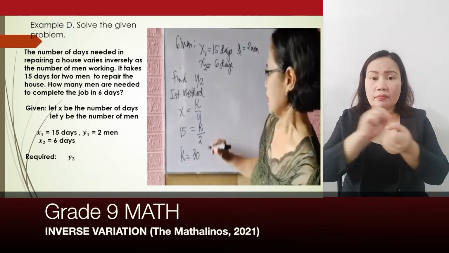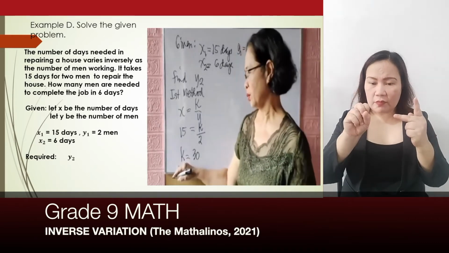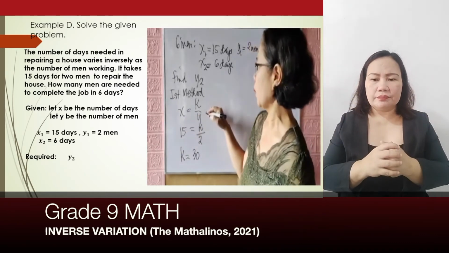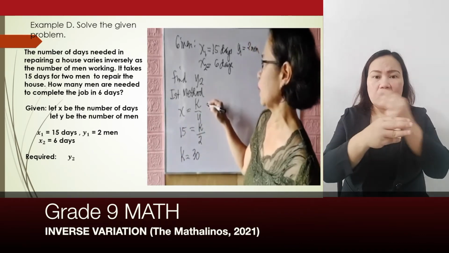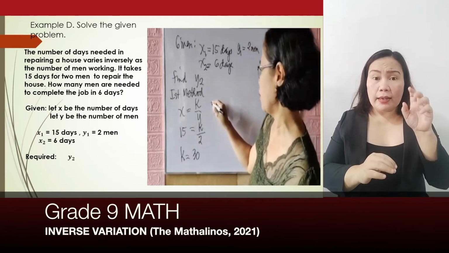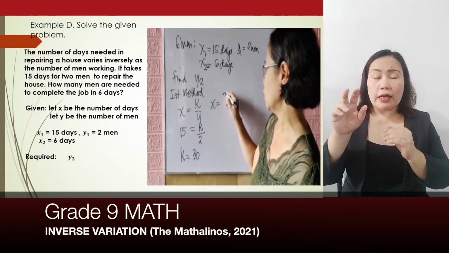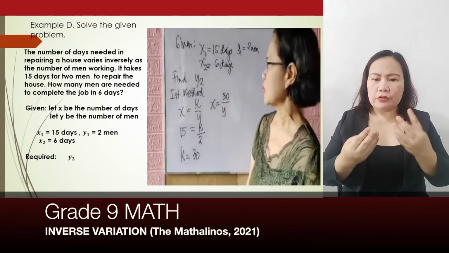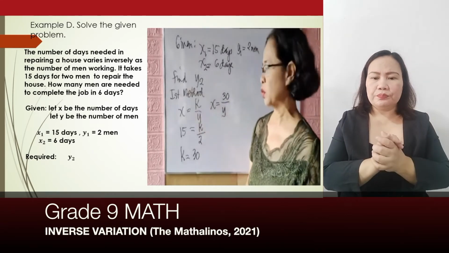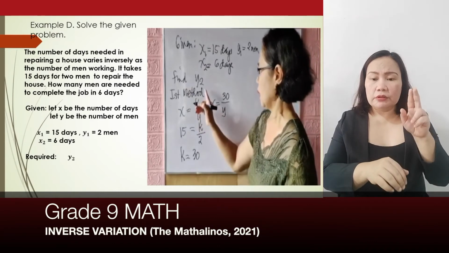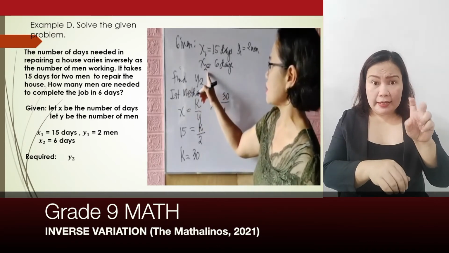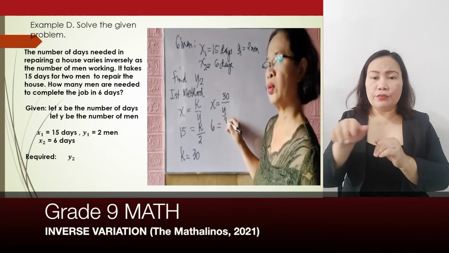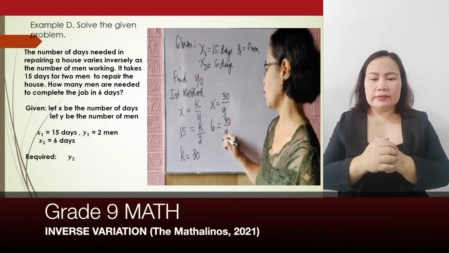Then substitute this value into the equation so that we have the mathematical equation for this problem. So we have x is equal to 30 over y. Let us now solve for y sub 2. Substituting x sub 2, we have 6 days is equal to 30 over y.